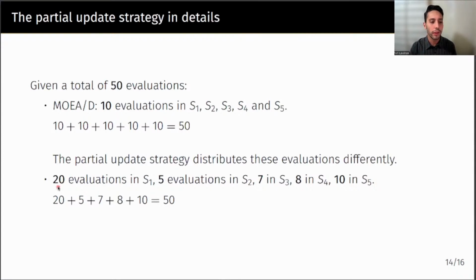For example, here we are giving 20 evaluations to S1, a higher focus than before, 5 evaluations to S2, lower than before, 7 to S3, 8 to S4, and 10 to S5. If we sum this, we end up with 50 evaluations in total. But as you can see, the distribution of evaluations, thus the distribution of focus, is different.